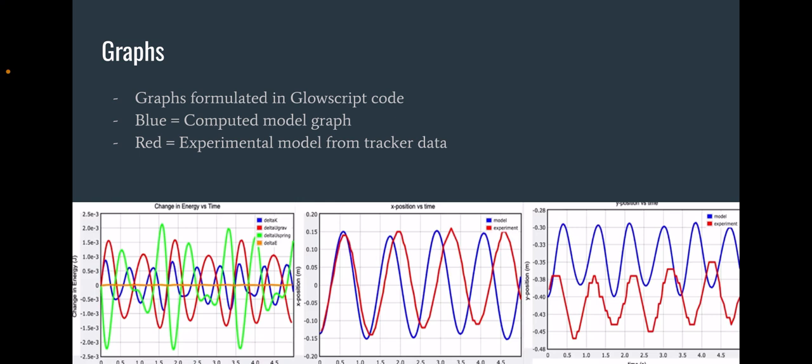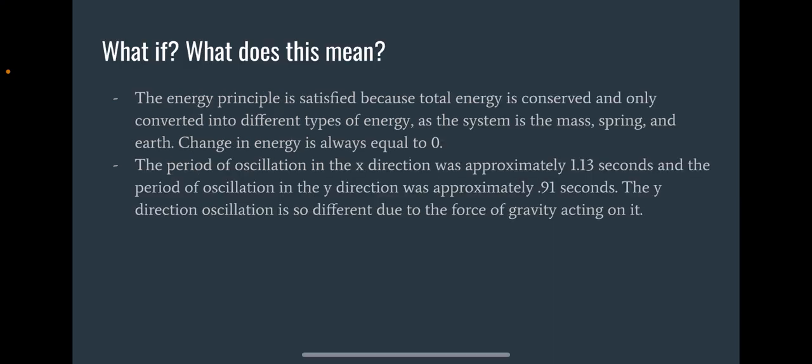It's probably due to the angle of the camera not being a perfect 90 degrees pointing towards the system. That would cause a skewed y position, as the meter stick in the Tracker app is directly vertical, and the camera could have been slanted if it wasn't at a perfect 90 degrees.